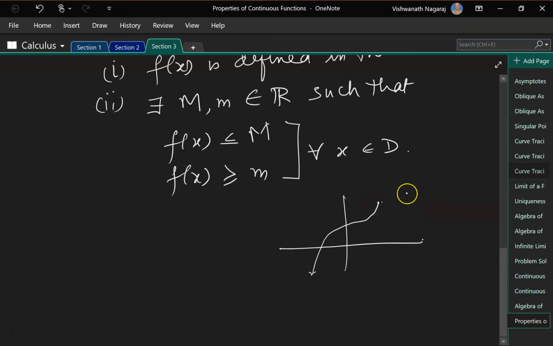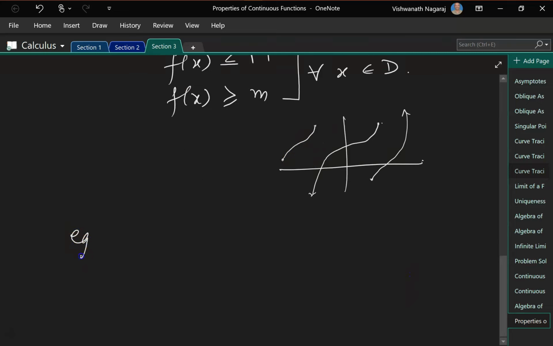Whereas if it goes like this but it stops here, then we say it is bounded below. Whereas if we have a curve like this, it stops here and it stops here, then we say the function is bounded.